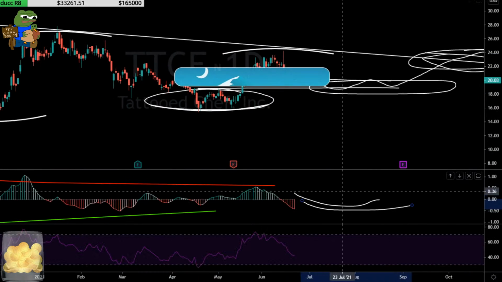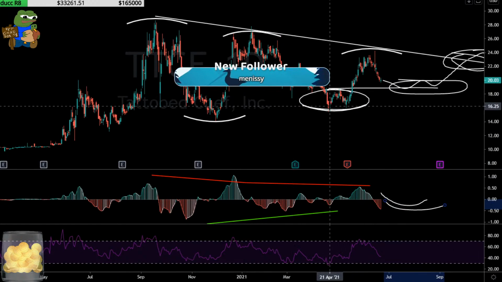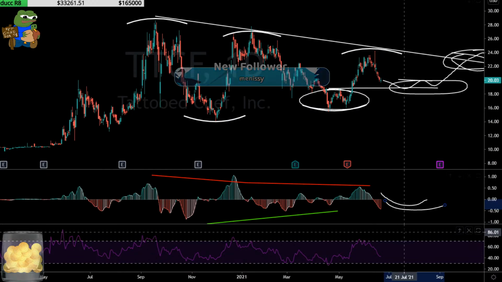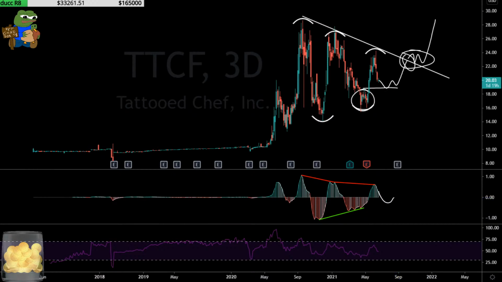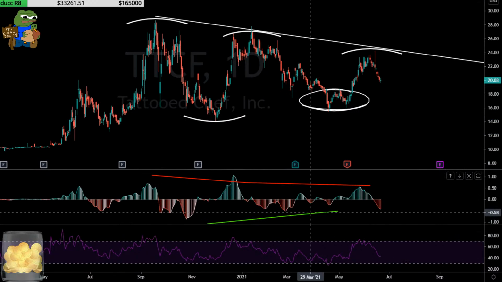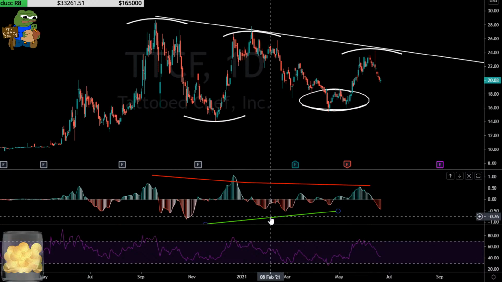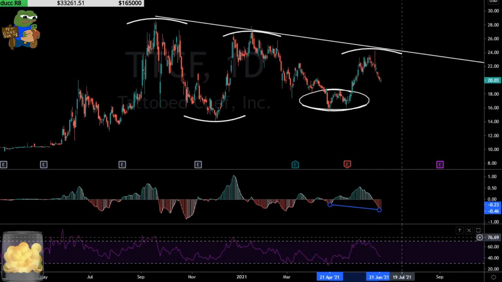Let's go to the daily. Ooh, okay. On the daily, you're painting hidden bullish divergence on the daily and on the RSI.